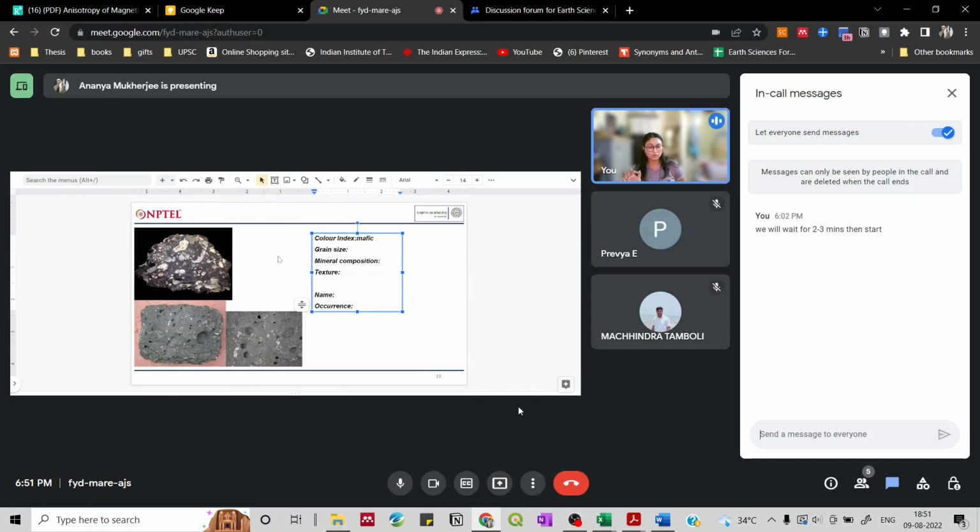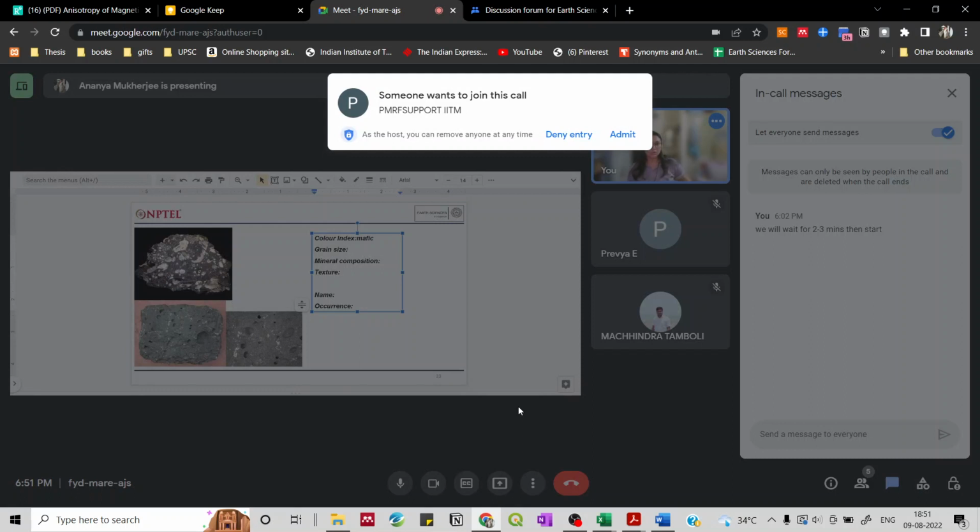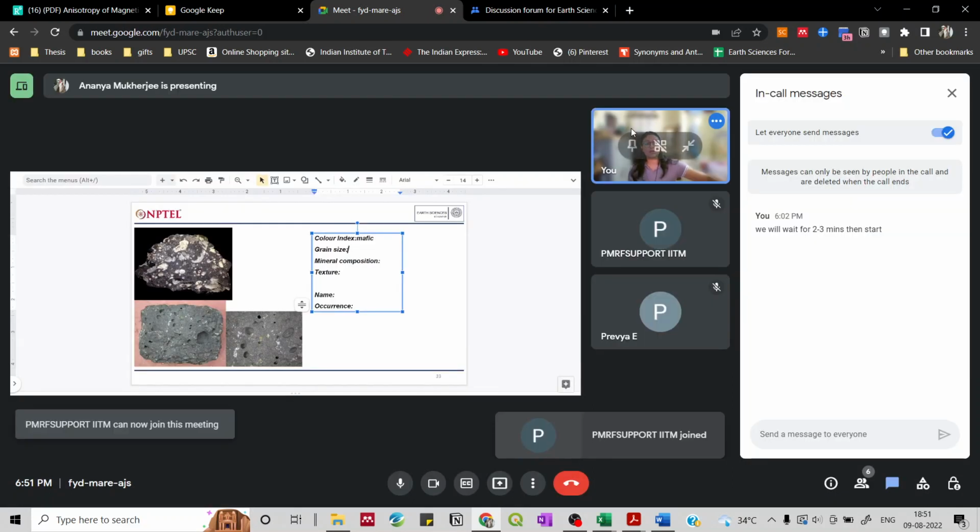So when we are considering the grain size, we do not consider these minerals. We only consider the black parts. Now the black parts are very fine grained. You cannot distinguish the minerals. So we will call this aphanitic texture, based on the grain size.